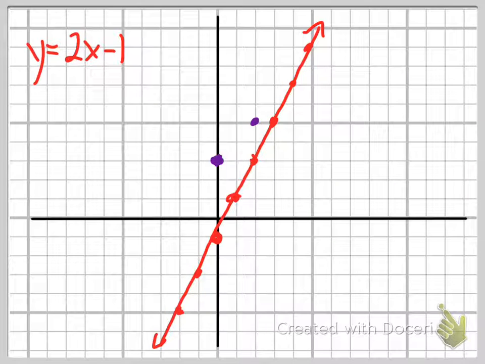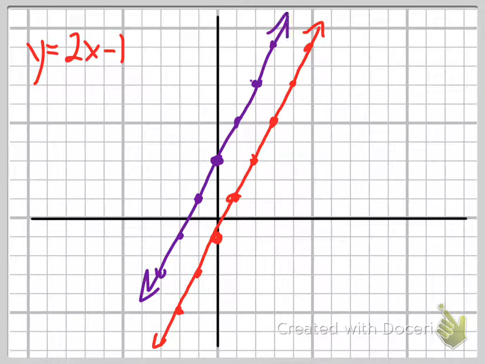So the only way that it can be parallel and not intersect is if the slope triangle is the exact same. So therefore it has the same slope. So parallel lines will always have the same slope. They both have a slope of 2 in this case.